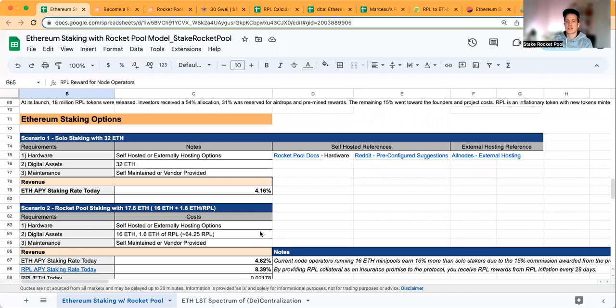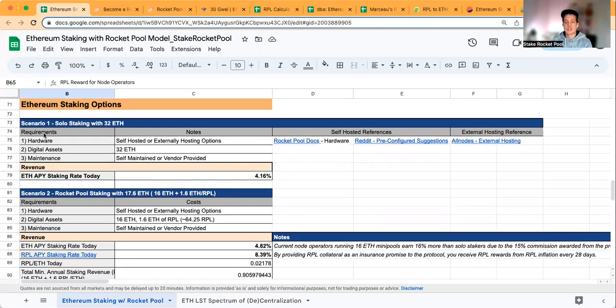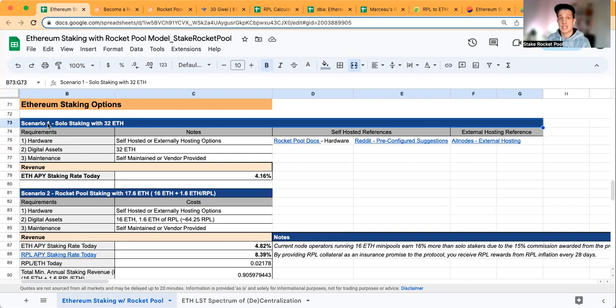Now the second to last section here would be the Ethereum staking options. A lot of people, once they do their research, once they've gone beyond just staking in a centralized exchange, will think about being a solo staker. So you need hardware, you need the assets, and then you also need the maintenance, you need support.